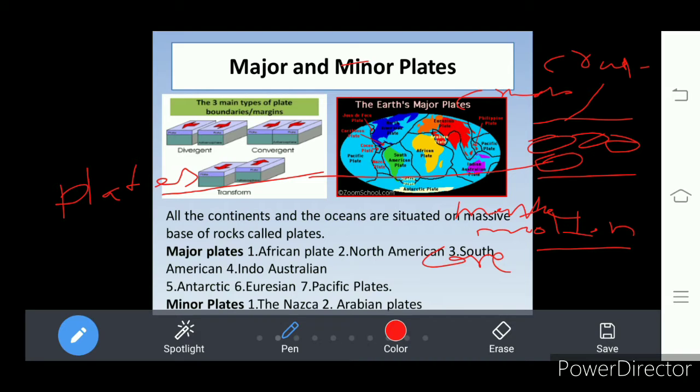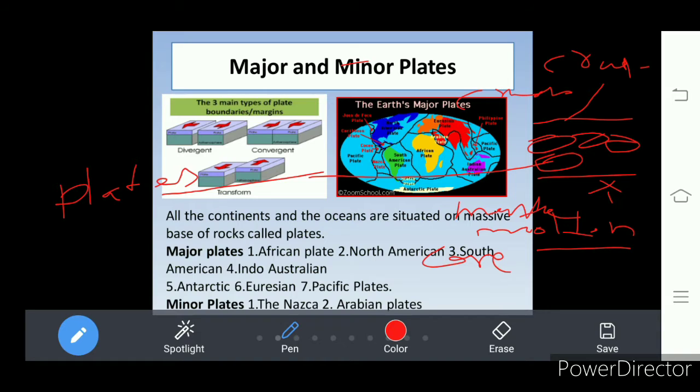So where are plates? Plates are on the molten material, right? Molten material means it is not a hard substance. It is somewhat semi-liquid. So on the molten material which is at the mantle, the plates are situated. So actually these plates are floating on the mantle.